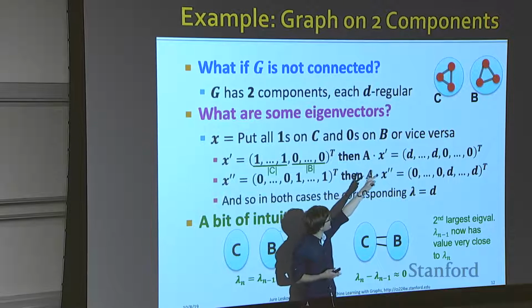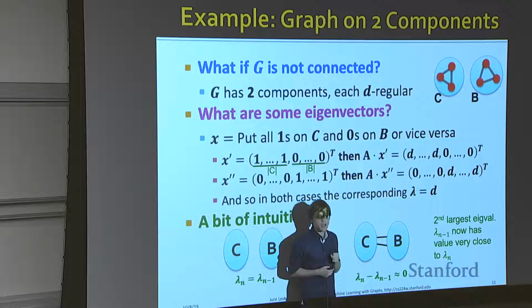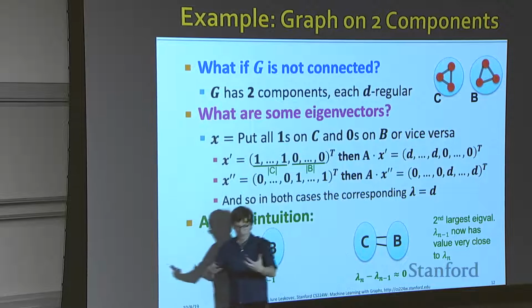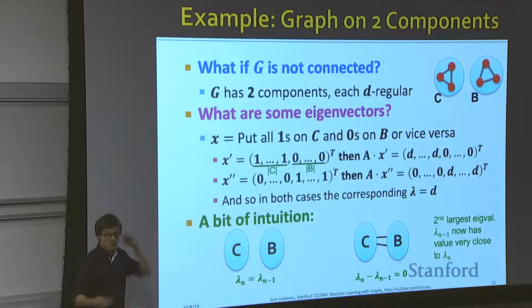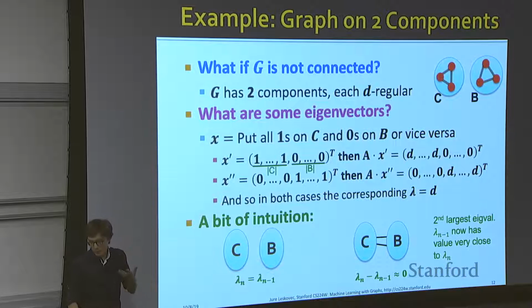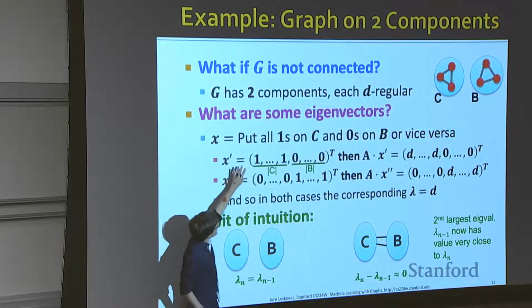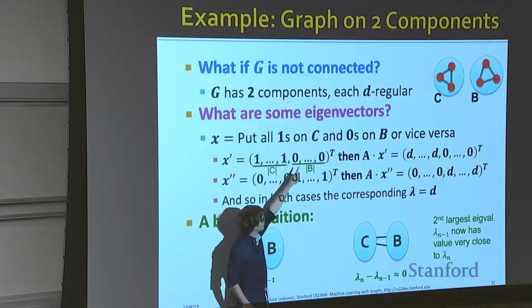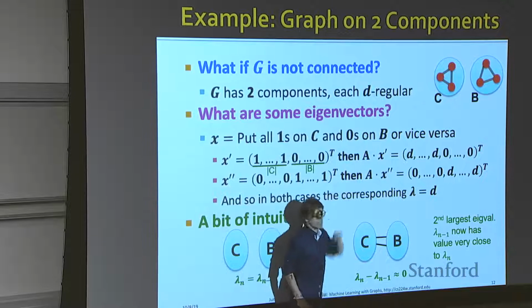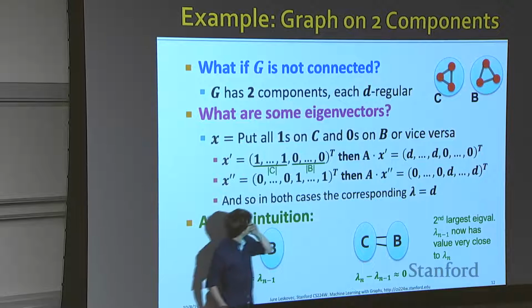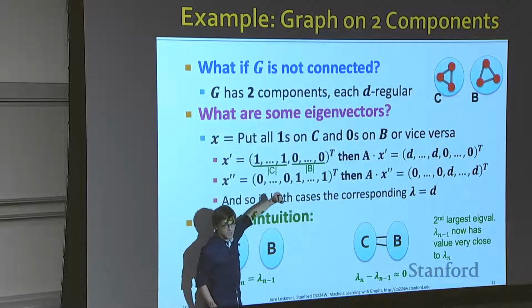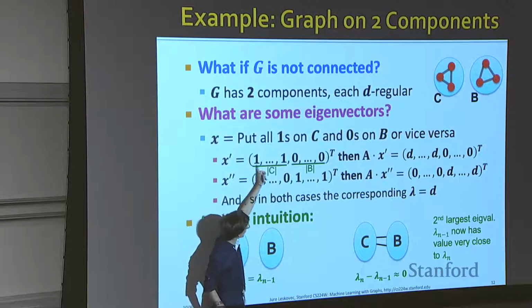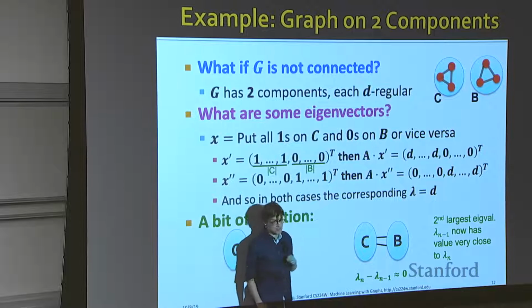For example, this is a disconnected two-regular graph of two connected components. So let's figure out how I could come up with some eigenvector eigenvalue pairs. Imagine that I put all 1s on all the nodes in C and 0s on nodes in B. So here is my proposed eigenvector. It has 1s and it has 0s.